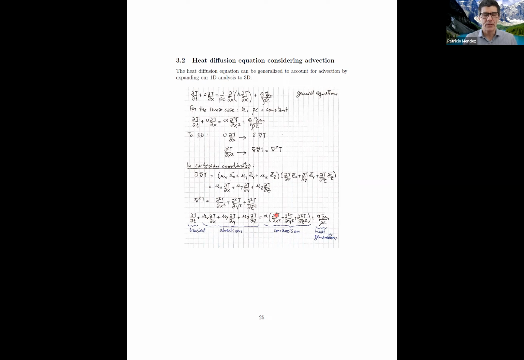However, we said there is no transverse velocity because everything flows in a pipe. So we would have no advection in Y, and this term of conduction in Y becomes very relevant.